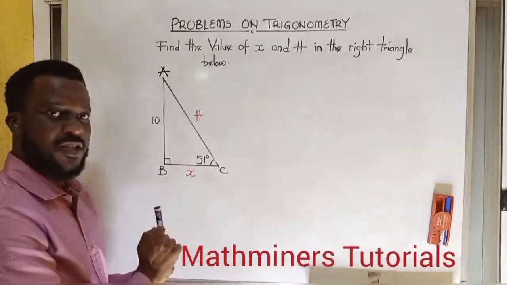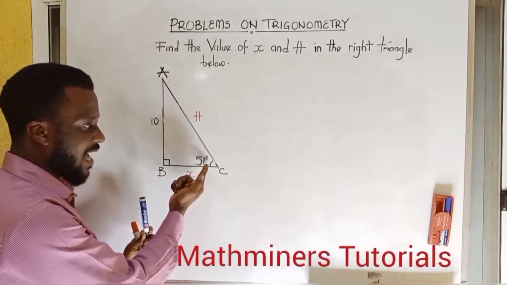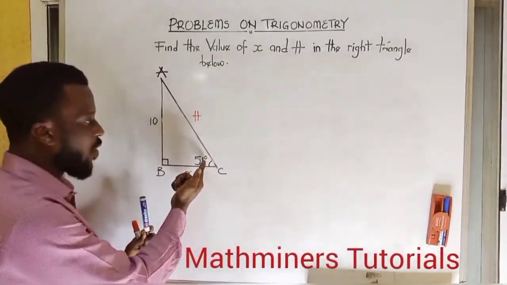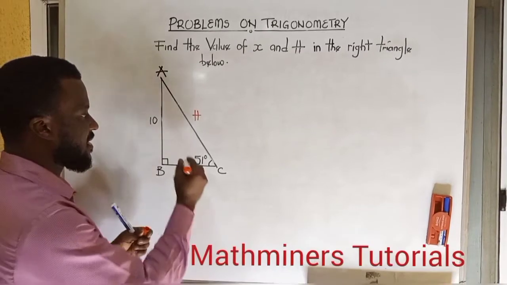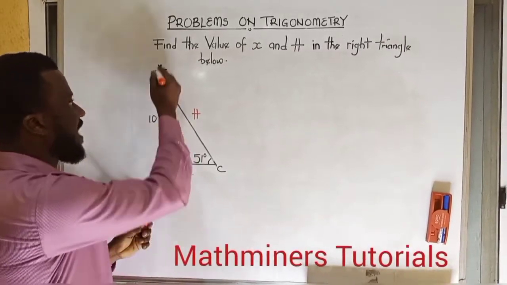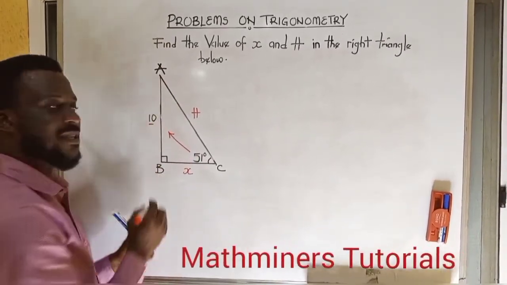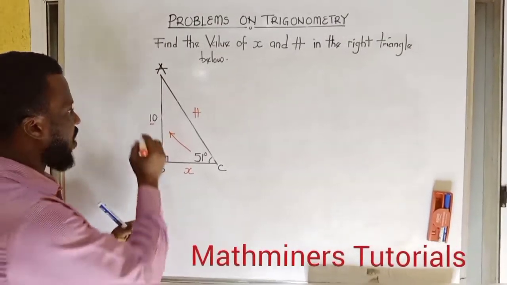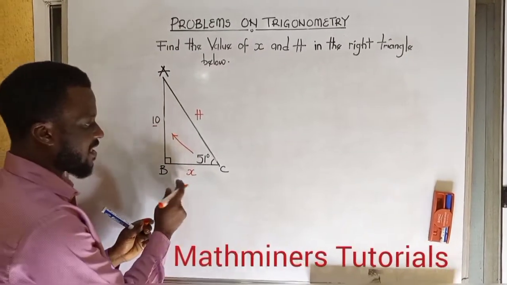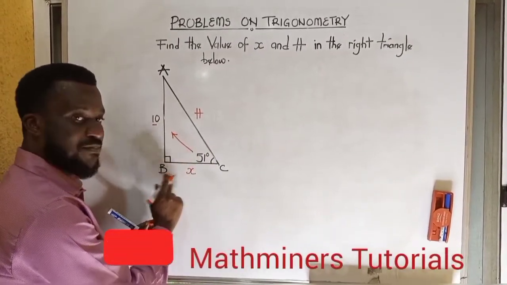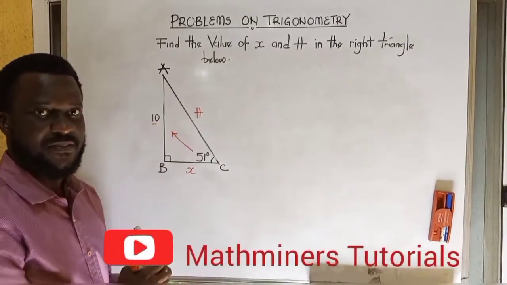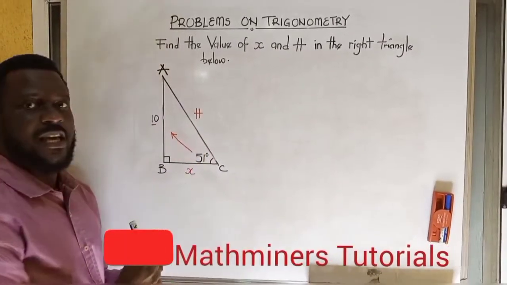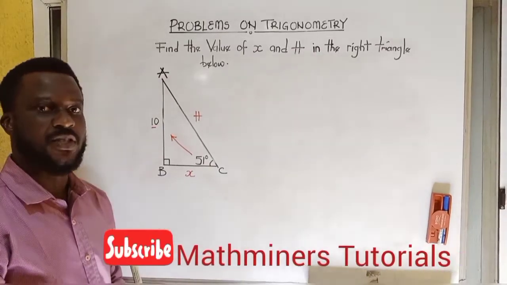For this problem, we have the angle C. The opposite of angle C is side AB, which is given as 10. The adjacent is side BC, which is the remaining side, and side AC, h, is the hypotenuse.